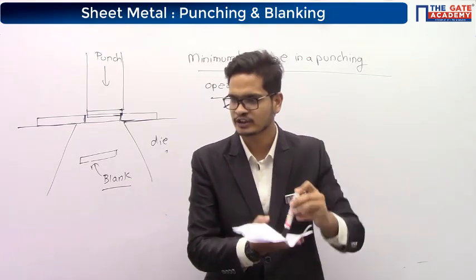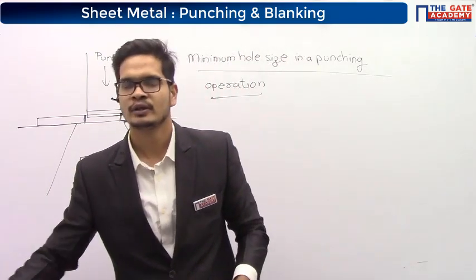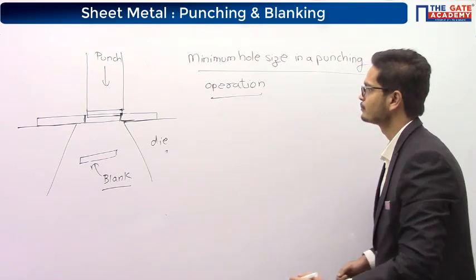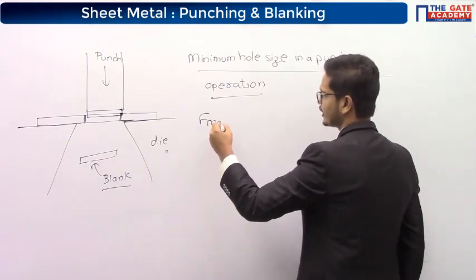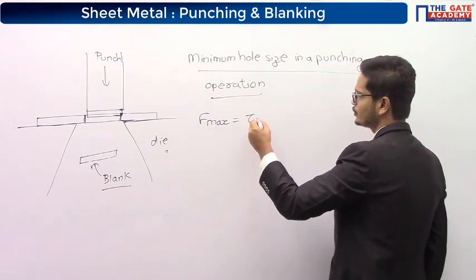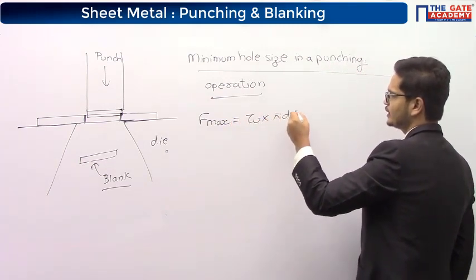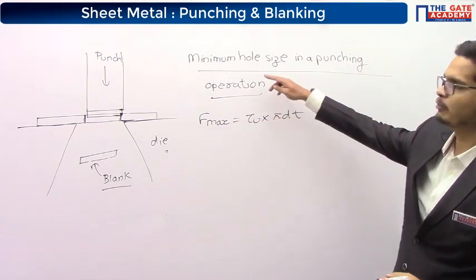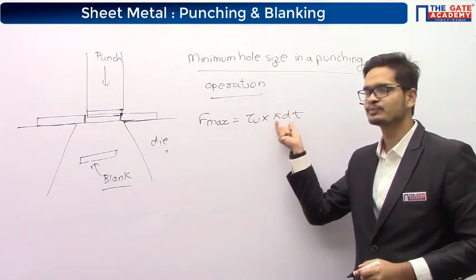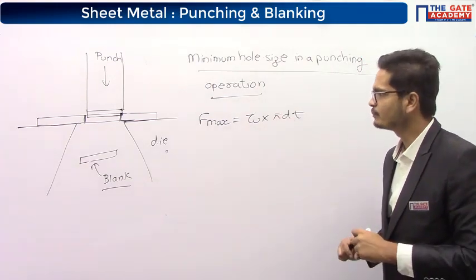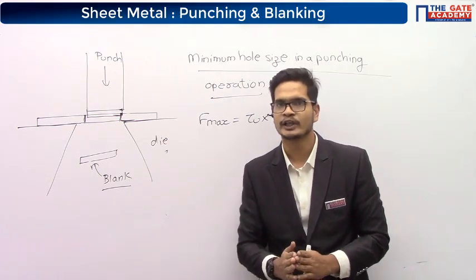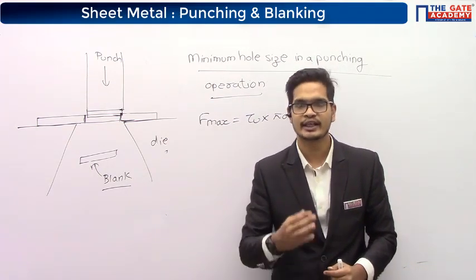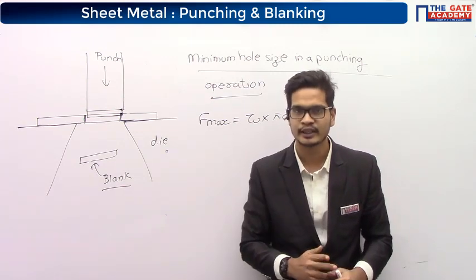That force we have taken as F max. It was equal to tau u into pi dt. Since here we are talking about a hole, I am simply taking it as pi dt. Now what happens is, according to Newton's third law, every action has equal and opposite reaction, right?